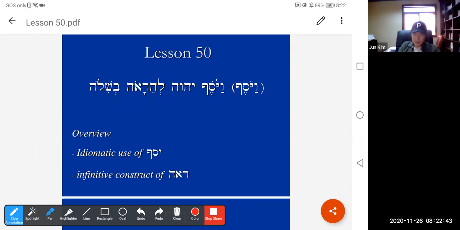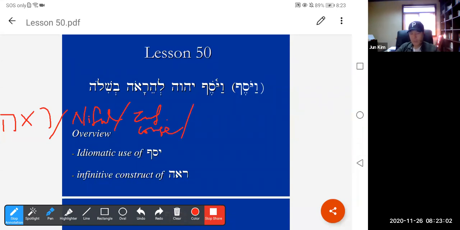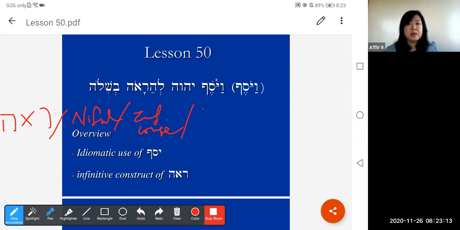So then this one is infinitive construct. What about then PGN? No PGN. Right? None.